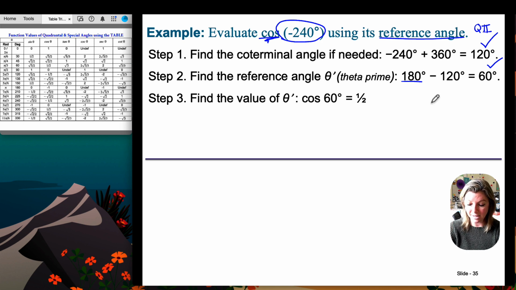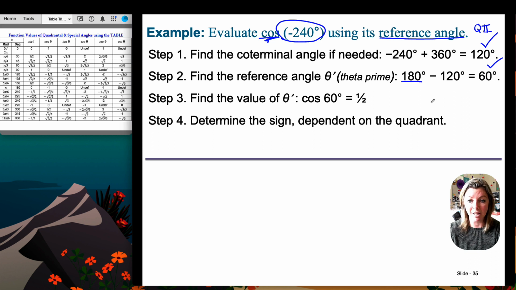Okay, last step. We need to check the sign. Remember I told you it was a good habit, so here we go using that same good habit. Depending on the quadrant, cosine of negative 240 degrees might be the positive 1/2, but it also might be the negative 1/2. So we are in quadrant 2, if you recall.